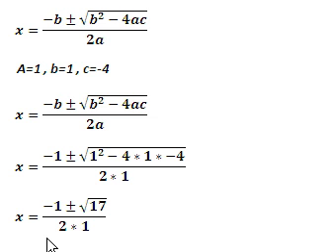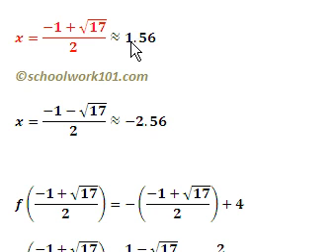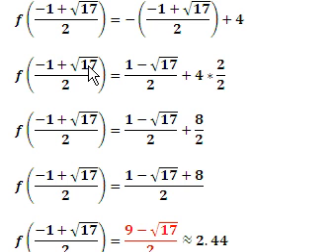I just plugged this into the calculator and approximated it, and I ended up getting 1.56. Don't worry about this one here. We end up getting a negative, and we're not interested in that. So you want to take this number now and plug it back into either one of the functions, because what we're interested in is finding that y value.